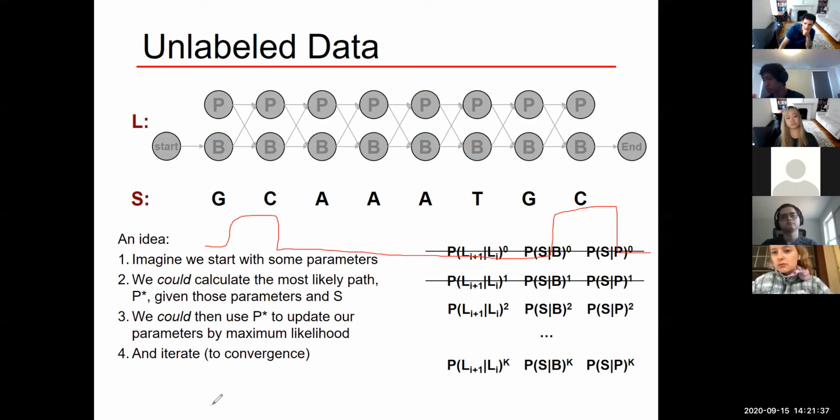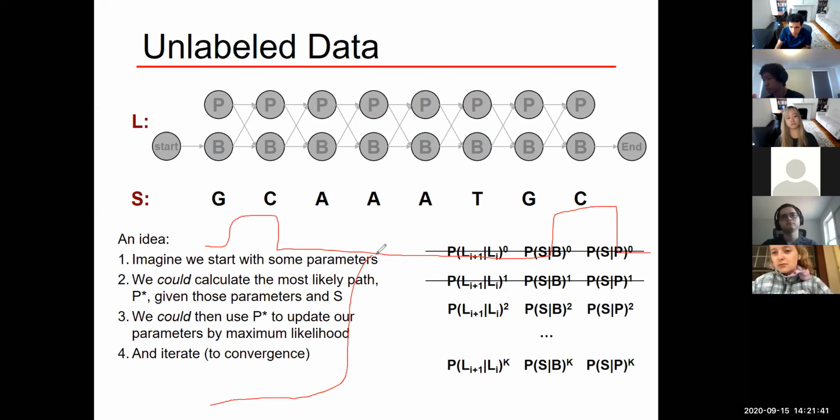Or it might tell you that, oh, well, this region has very weird trinucleotide frequencies, and this other region has very weird trinucleotide frequencies. Even if you start with a random initialization, you might end up with some parse here that partly captures it, and another parse here that partly captures it.